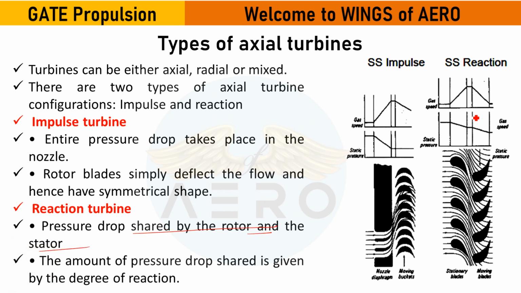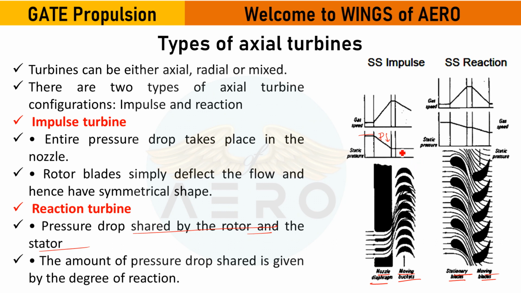Right? Now let's have a close look at this figure. This is a nozzle, or we can say stator, and this is the rotor. This is again a stator and this is a rotor. Fine. Now what you can see here. As the flow comes in with some pressure and enters the nozzle or the stator, the pressure falls.